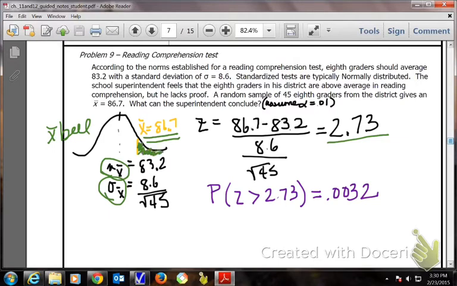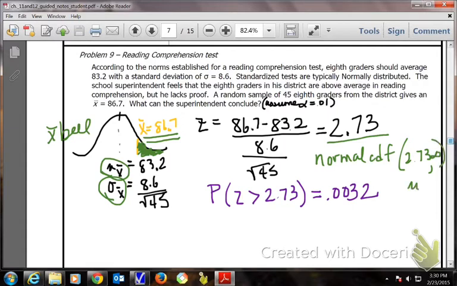And so if I go look it up in the table, of course I'll have to do 1 minus whatever the area is to the left of 2.73. And in my calculator, of course, I could actually use normal CDF and then do 2.73 to infinity, and then that actually would be sufficient.